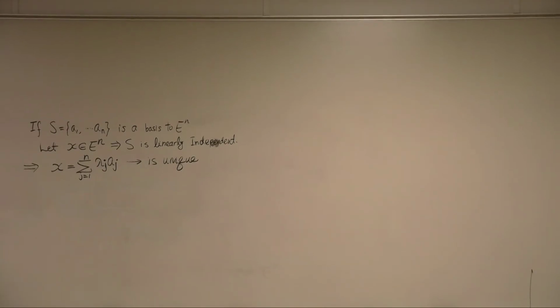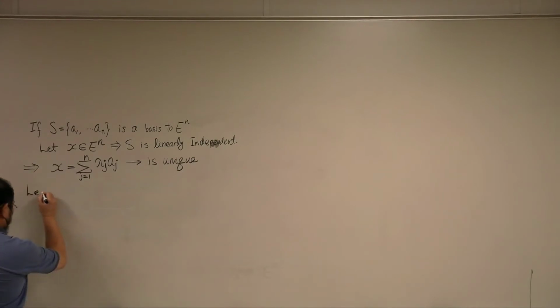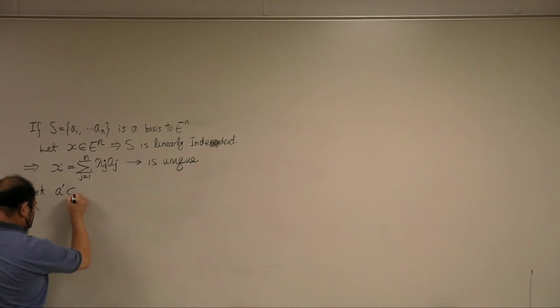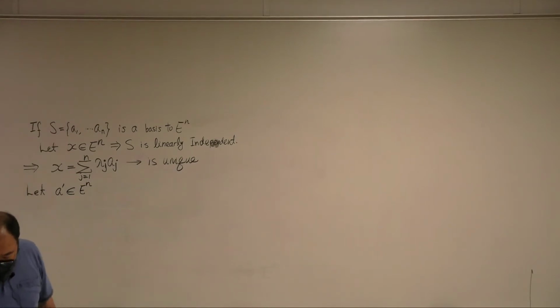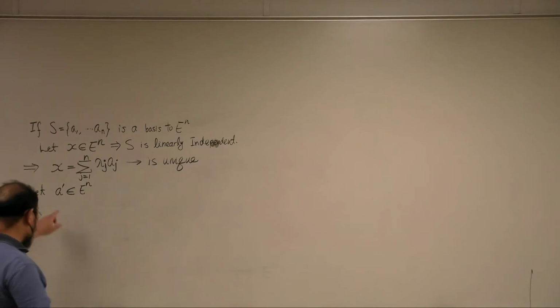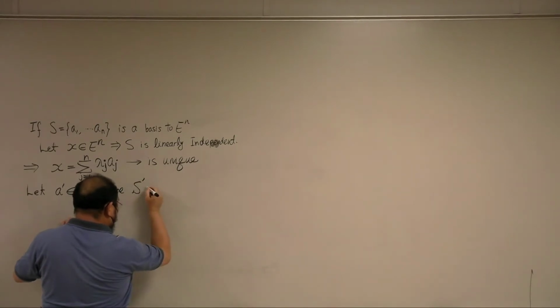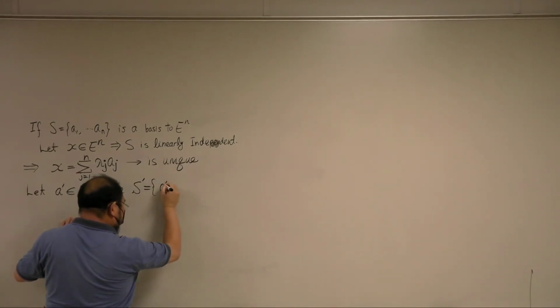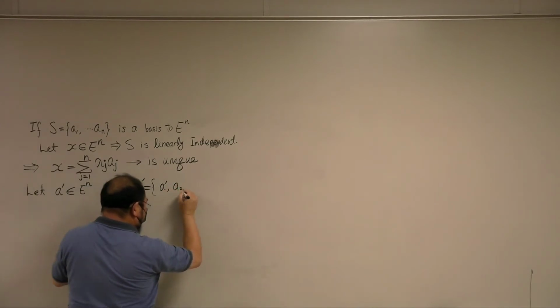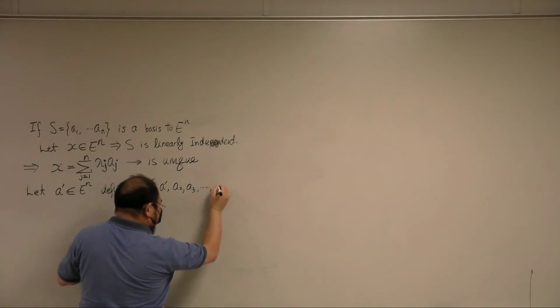I'm staging for the proof, so that's why I keep writing down all kinds of statements. Then we're going to let a vector called A prime belong to En, and define a set called S prime equals A prime, A2, A3, all the way to AN.